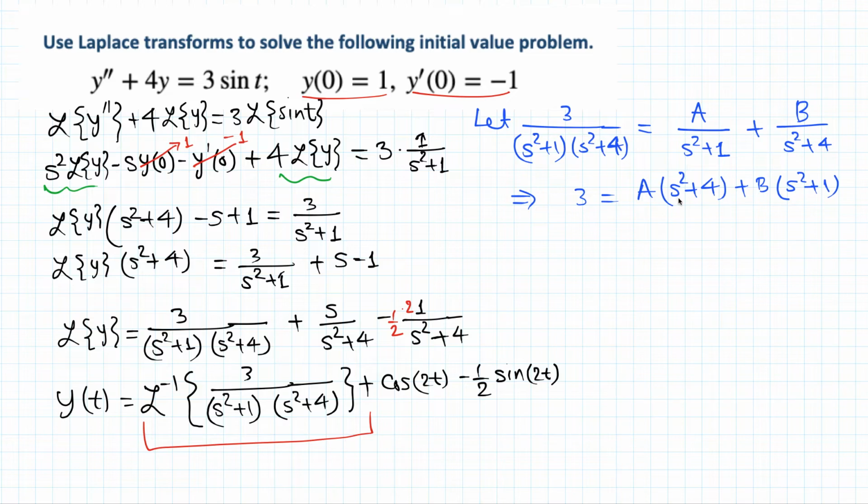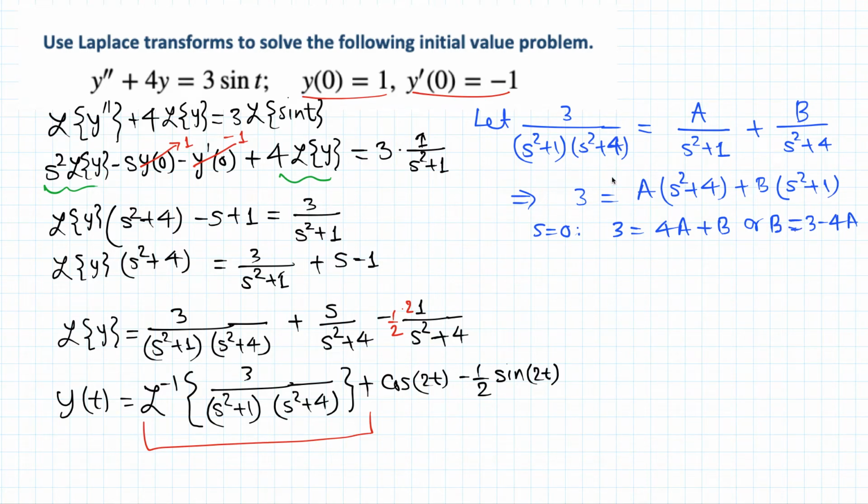Nothing makes this term 0, so let's choose easy s values. Let's try 0. Then we get 3 equals 4a plus b. So we have an equation, 3 equals 4a plus b, or b equals 3 minus 4a. We can use this later.